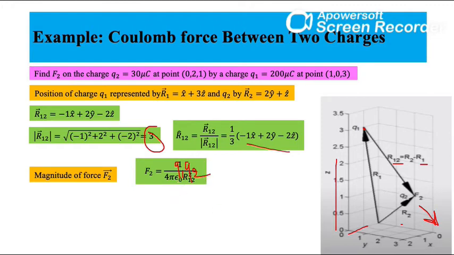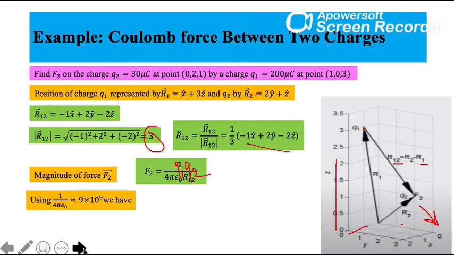Why epsilon naught? Because there was no specification on the medium, so just take the medium to be air or free space, and we know that for air and free space epsilon r value is 1, so epsilon naught only we have to consider.